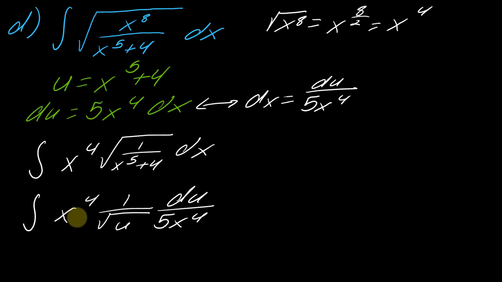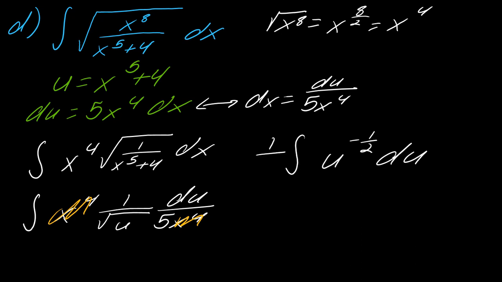Now, as I look across the landscape of this problem, I can see that the x to the 4th and the x to the 4th will cancel out. And so now I get u to the negative 1/2 du, and 1/5 goes out on the outside.